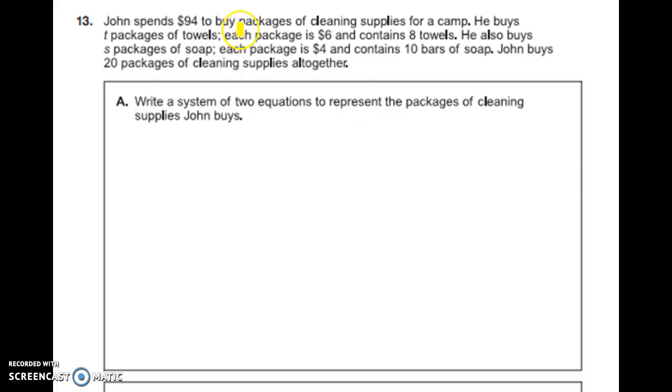So 94 is a total, but we're going to do T packages of towels. Each package is $6 and contains 8 towels. He also buys S packages of soap, which are each $4 and contain 10 bars of soap. I'm going to use purple for my total here. And it says he buys 20 packages of cleaning supplies altogether.